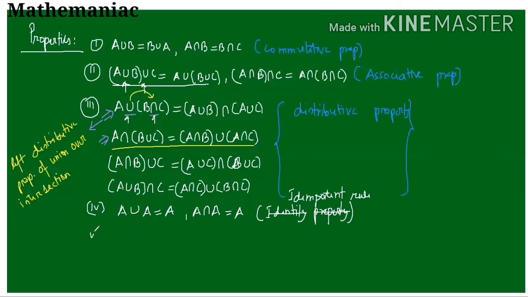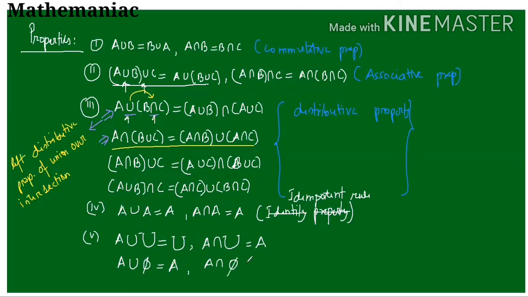Right. Next, I can get A union universal set. Then that will always be the universal set, obviously because U is the biggest. Then similarly, if I take intersection with the universal set, I always get this set. Union with phi, I'll be getting the original set.